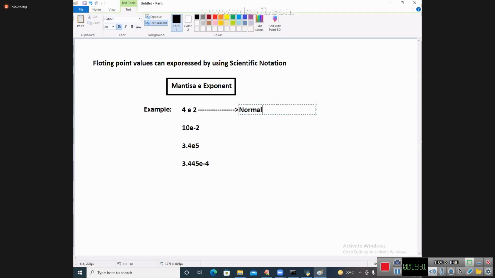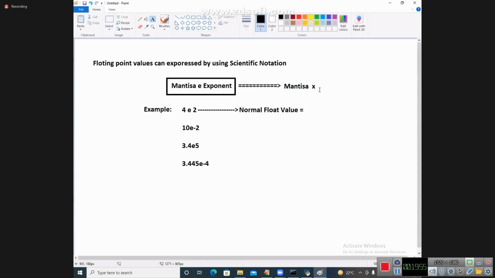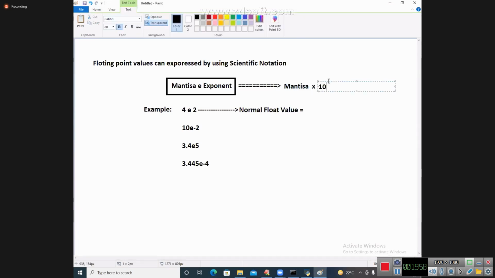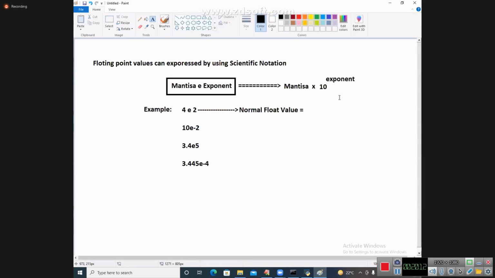The normal float value is mantissa into 10 to the power of exponent. That is how you convert it.